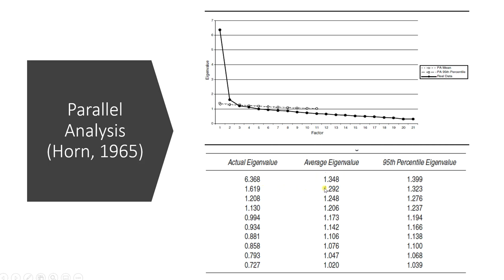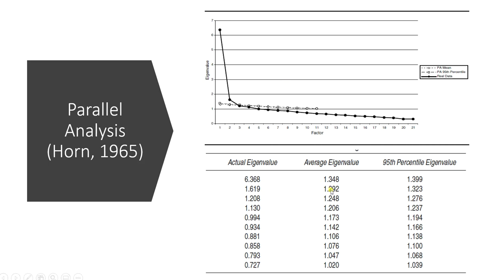So this is the chance variance explained by the first component, and the first component in the actual data is explaining well over the chance variance. Second is 1.619, and the chance value is again 1.292.